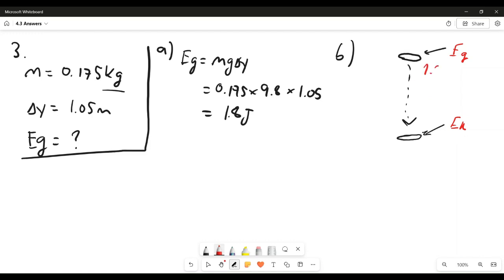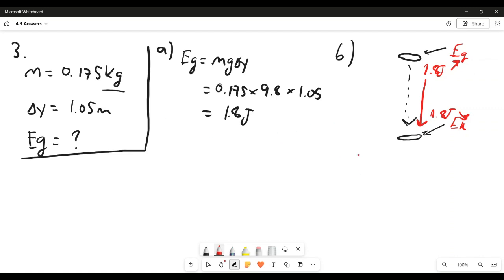And so up here, if it was 1.8 joules of gravitational potential energy, then over here it should be 1.8 joules of kinetic energy.